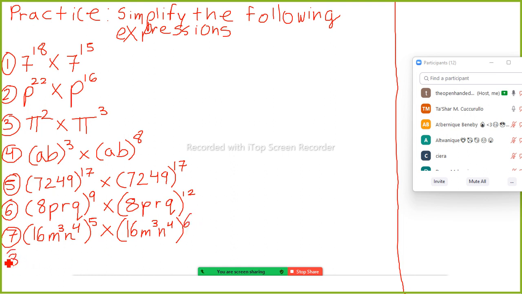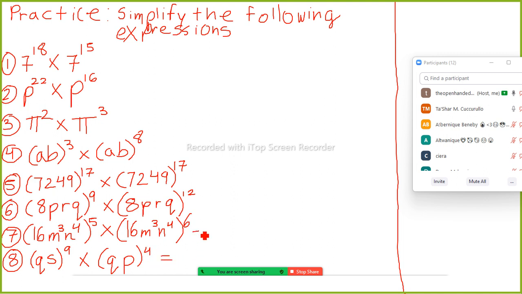And finally, we only have enough space for 8, sorry about that. So let's say we have q s to the power of 9 times q p to the power of 4.